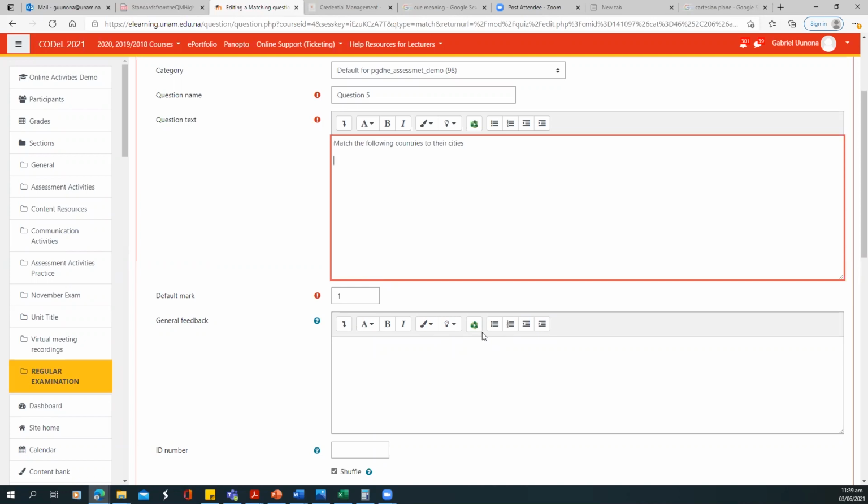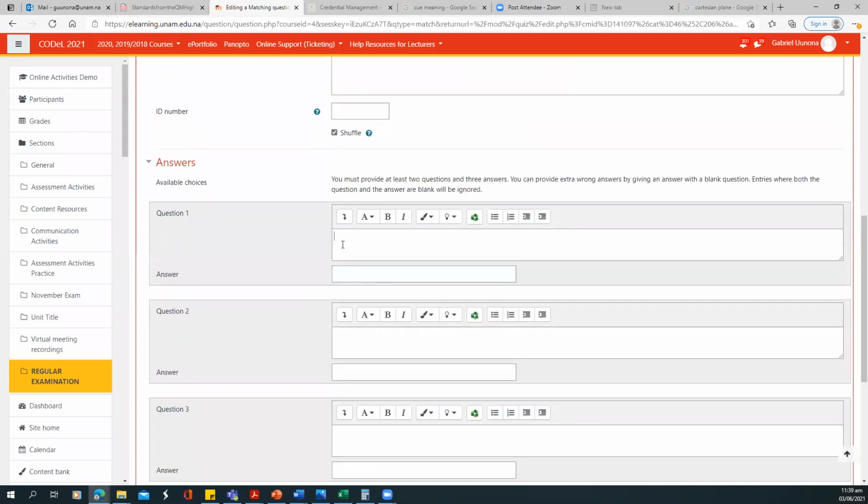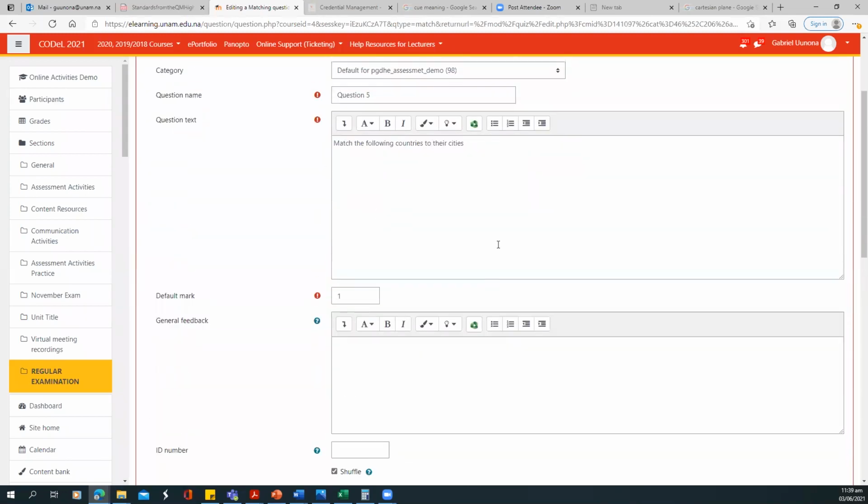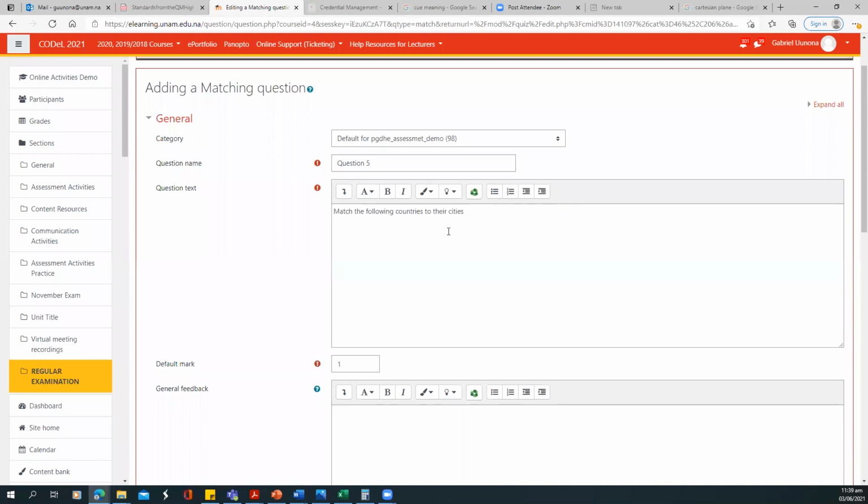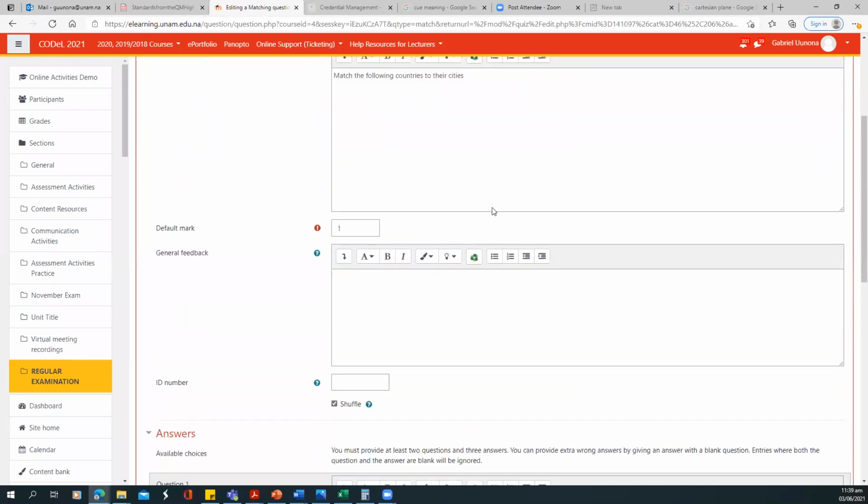Any student who is generally taught wouldn't want to take a chance; they would really want to give their best shot if they are asked to match. If they are given a scenario, it can be a full statement. The example I'm giving here is just for simplicity and time, using the shortest words like countries to cities.